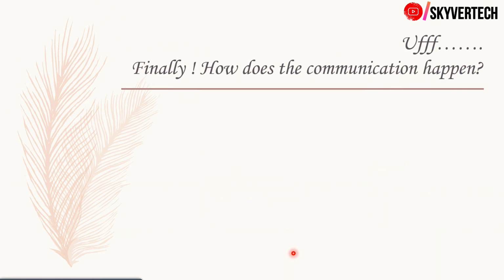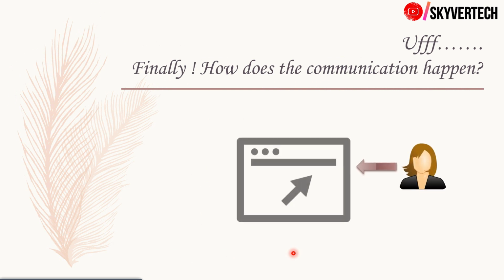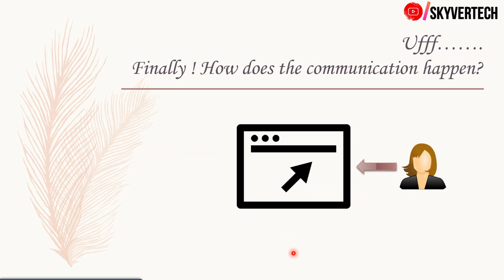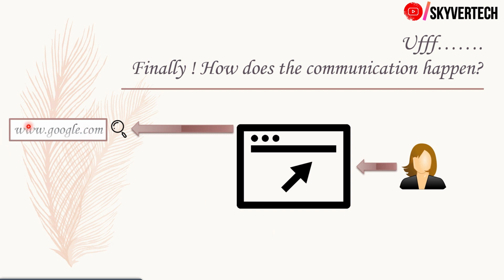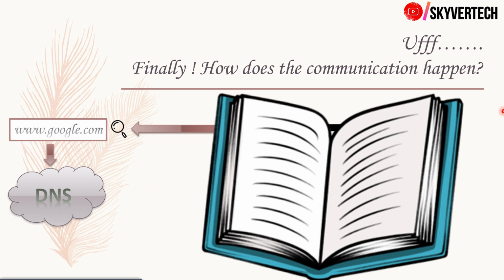So finally, after all this content, how does the communication actually happen? First, a user goes to the website and types www.google.com in the address bar. So after this, what exactly happens? After you type this URL in the address bar, it generally goes to the DNS cloud service. DNS is the domain name system, and it's like a telephone record or a record book in which a URL has an IP address stored against it.